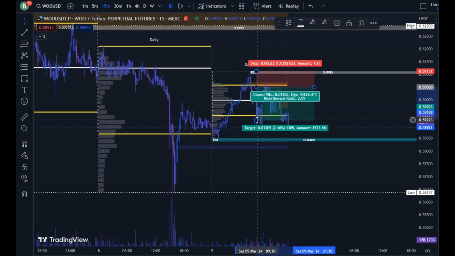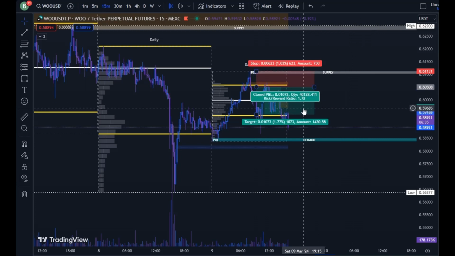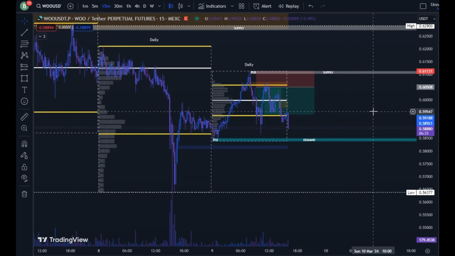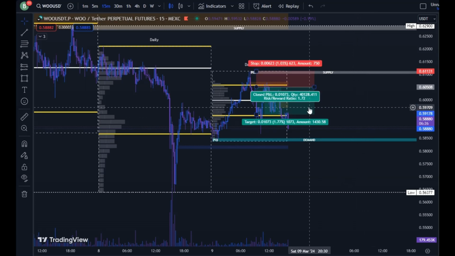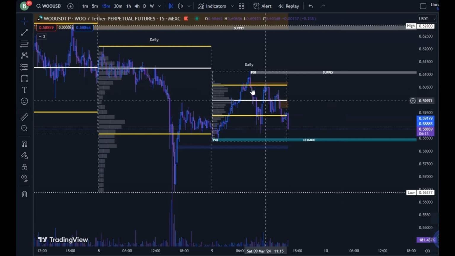Stop there. A 1.72 risk to reward, which is all right. A lot of people will take them, but I'm not. If I'm being honest, I want 1 to 2s, 1 to 3s potentially. I don't want 1.76.